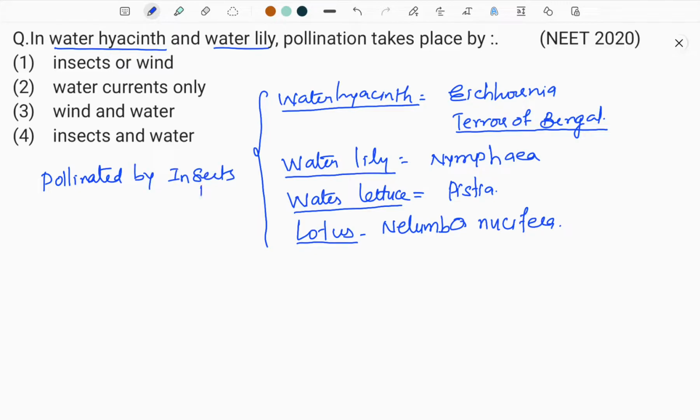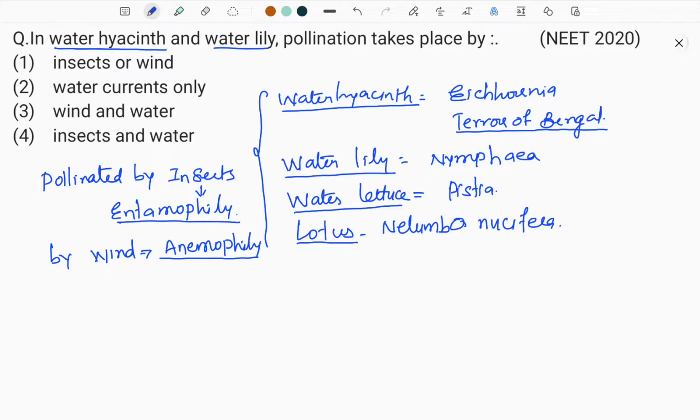Pollination by insects is called entomophily. We know entomology, the study of insects, and pollination by wind is called anemophily. So they show anemophily and entomophily, that is pollination by insects and pollination by wind.